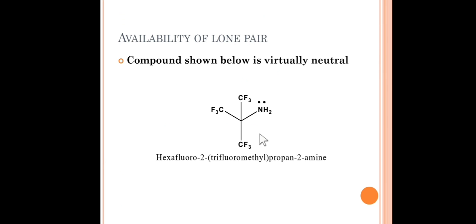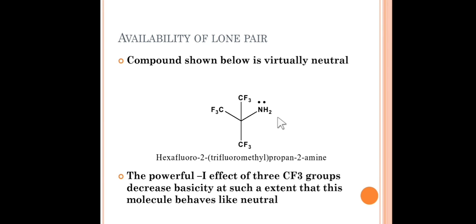Now let's consider the next example. The following example is named hexafluoro-2-trifluoromethyl propane-2-amine. This example is virtually neutral even though it has the NH2 group, because, friends, of the powerful minus I effect of three CF3 groups attached to the carbon which is attached to NH2.